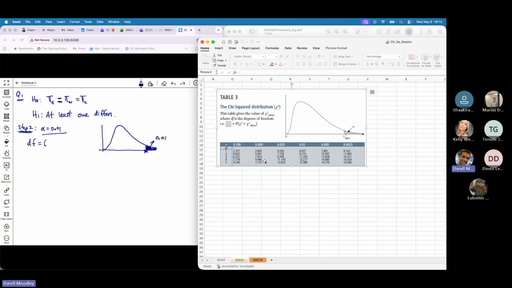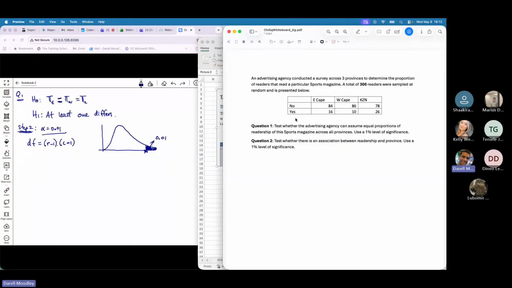It's (r minus 1) times (c minus 1). The r is just your number of rows, and the c would be the number of columns.